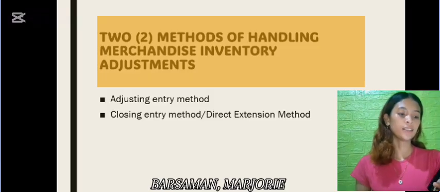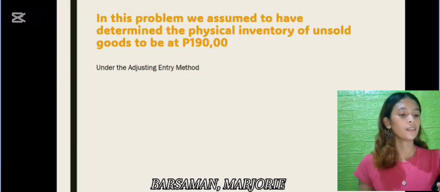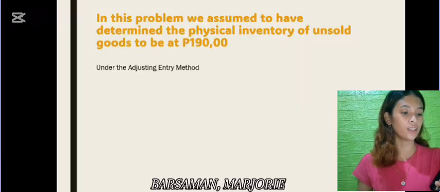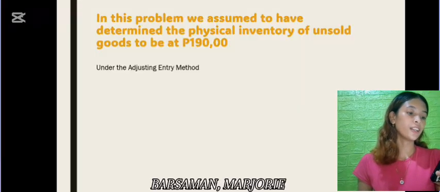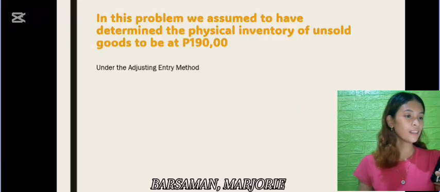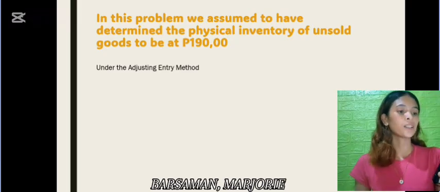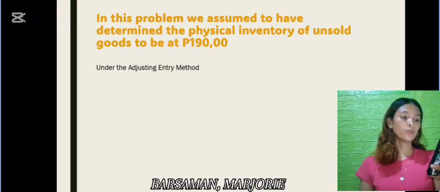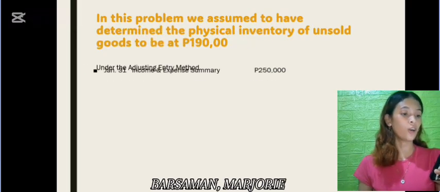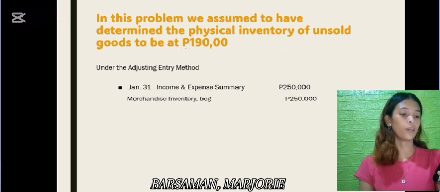The next slide describes how to adjust the merchandise inventory using the adjusting entry method. In this problem, we assume to have determined the physical inventory of unsold goods to be 190,000. The method uses two journal entries on January 31.